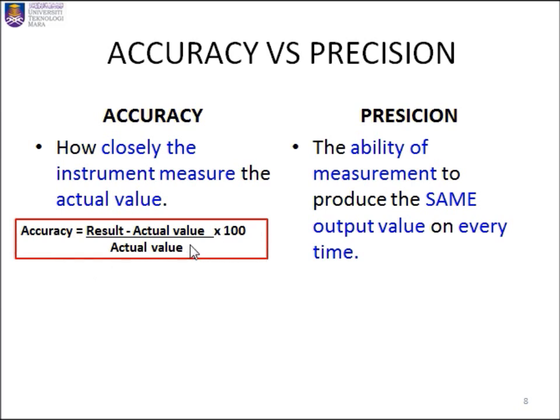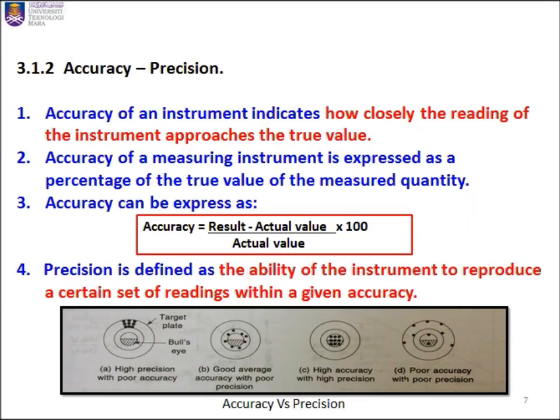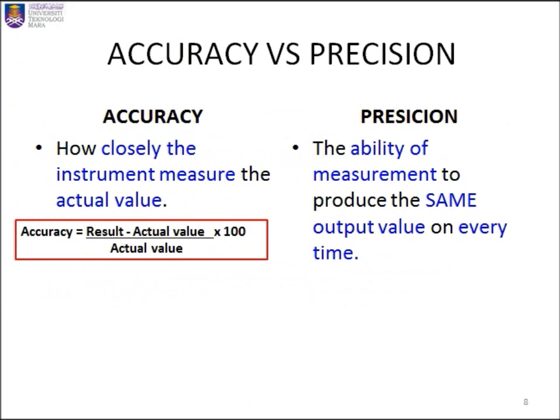Okay, the actual value is your theoretical value. And precision is the ability of measurement to produce the same output value every time. As you can see, it is the ability of the instrument to reproduce a certain set of readings with a given accuracy.